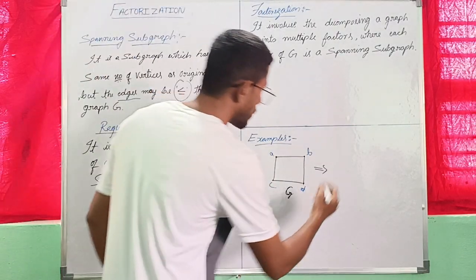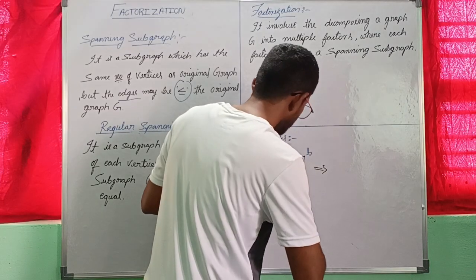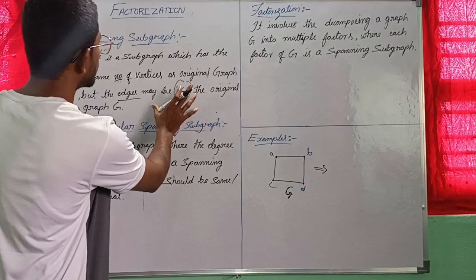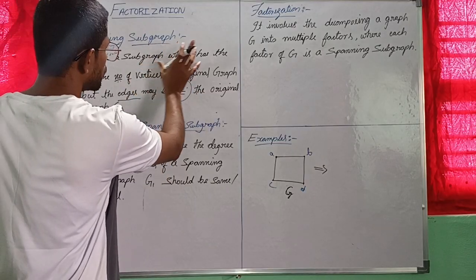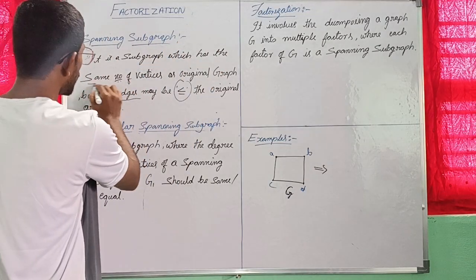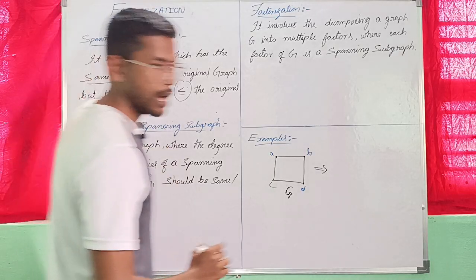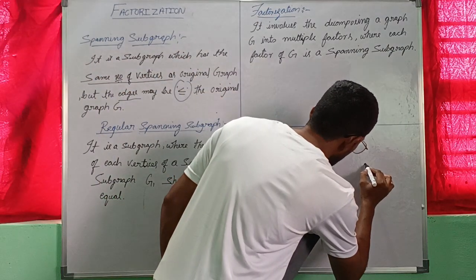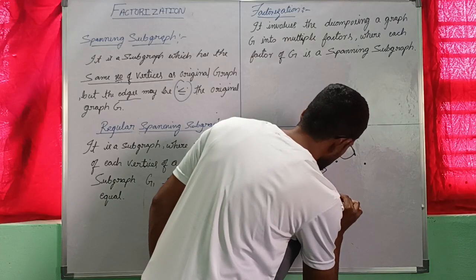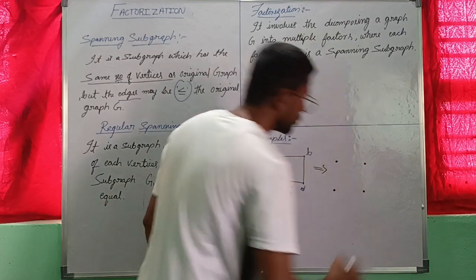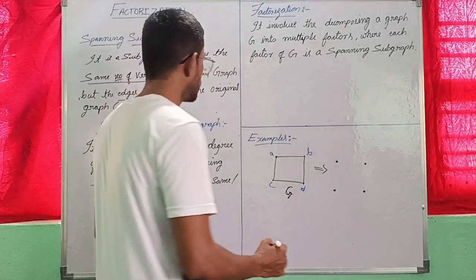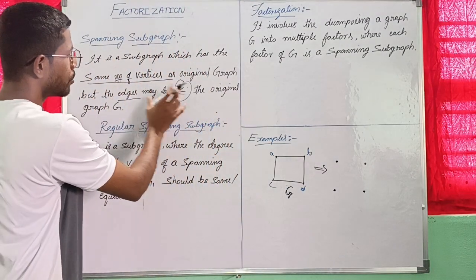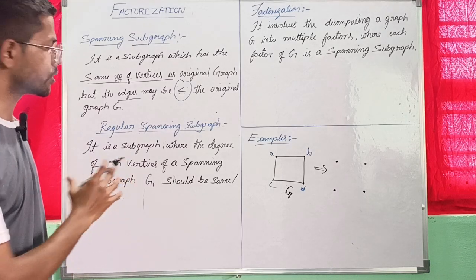Let us draw the spanning subgraph of G. According to the definition, it is a subgraph which has the same number of vertices as the original graph, right? I will draw four vertices, the same as in the original graph G. The second condition is that the edges may be less than or equal to the original graph.